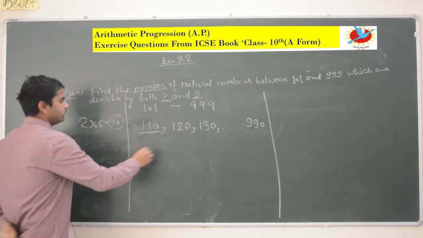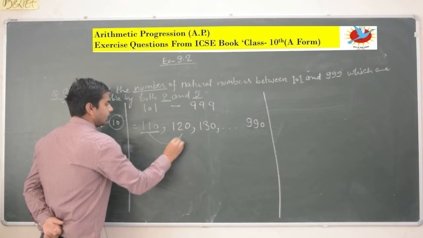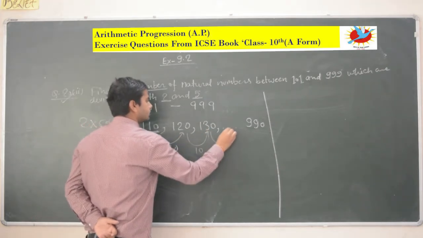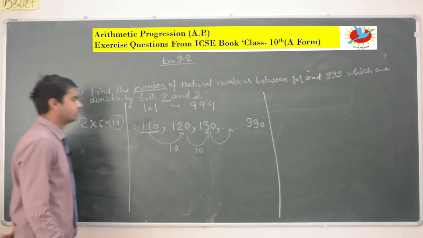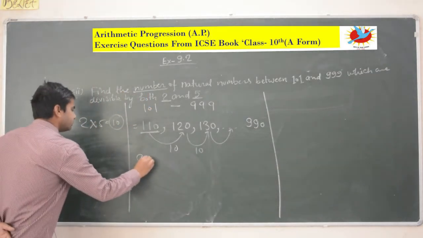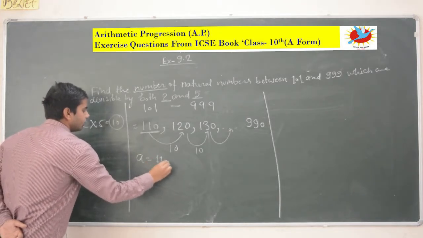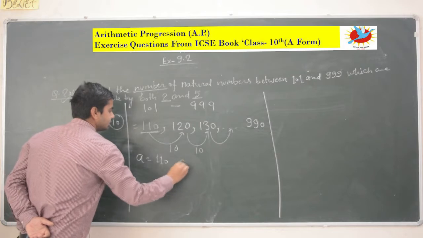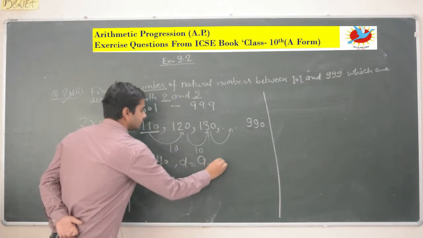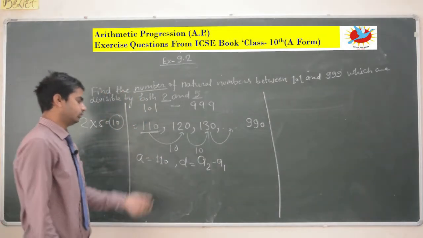Okay, so here our sequence is an AP because the difference between these two terms is 10, the difference between these two terms is 10, and the difference between the next two terms will be 10. So this forms an AP. So we can write here A, the first term, and the first term is 110. We can write D, the common difference. The common difference is A2 minus A1, the difference between the second term and the first term, or any two consecutive terms.